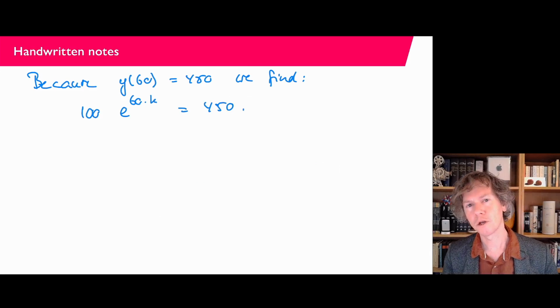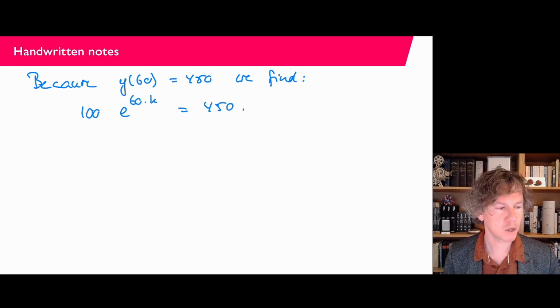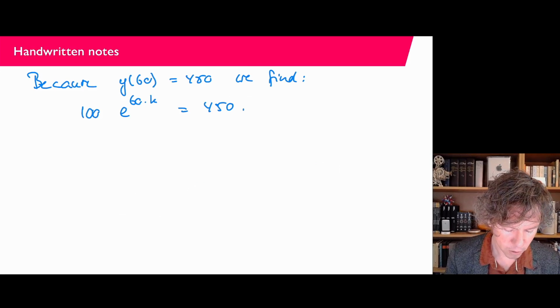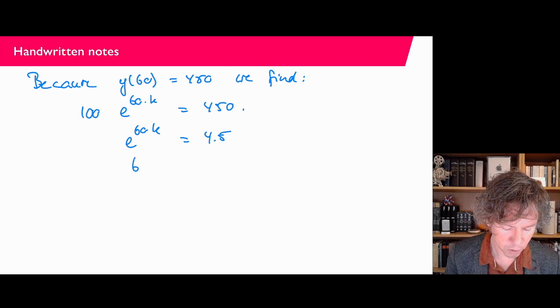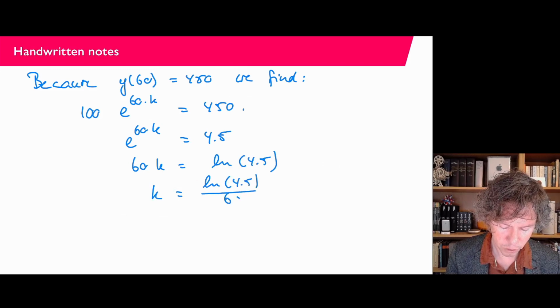Now luckily we know everything about logarithms and exponential functions, so it's easy to find k now, because what we find is that e to the power 60k is 4.5. I've divided by 100 on both sides of the equation. I take the ln, and then we find that 60k equals the ln of 4.5. So apparently k equals ln 4.5 over 60.